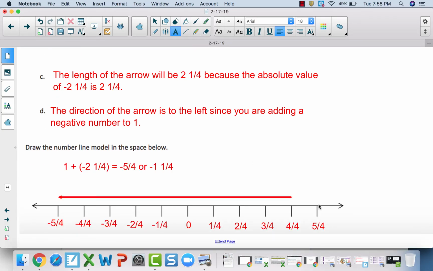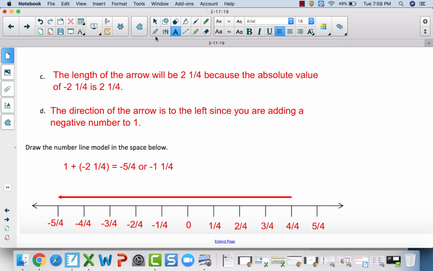First thing I want you to look at in your number line is making sure your intervals are correct. I told you to count by quarters, and the reason I wanted you to space out by quarters is based on the numbers we have. So I have a -2 1/4. So if I count by quarters, when I go to draw my vector to the left, it becomes easier to count -2 or 2 and then an extra quarter.